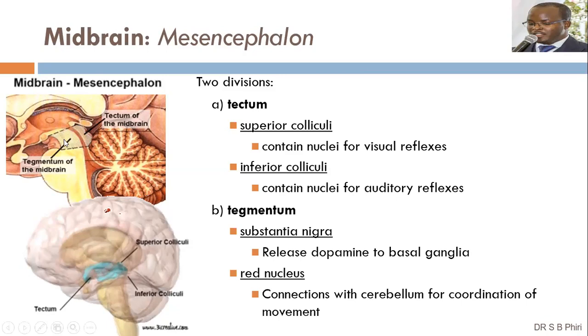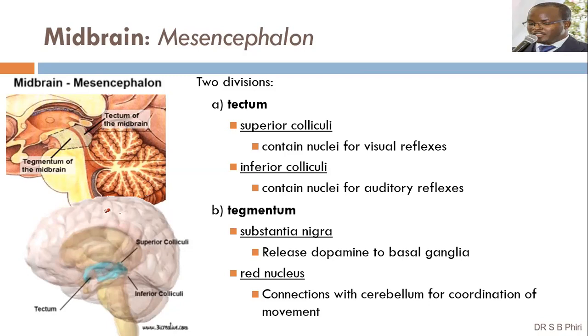Then the anterior aspect, we have the tegmentum. In the tegmentum, this is where you're going to discuss the substantia nigra, which you didn't discuss with Dr. Mshalati because it's entirely motor function. The substantia nigra contains neuronal cells that produce dopamine, and dopamine is involved in the regulation of motor function. They release dopamine to the basal ganglia.